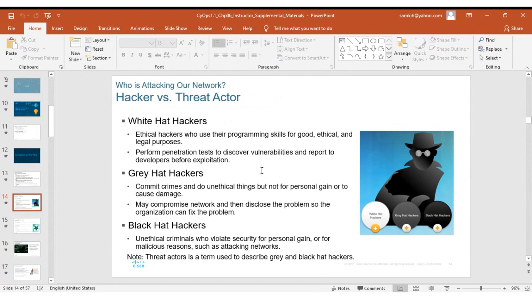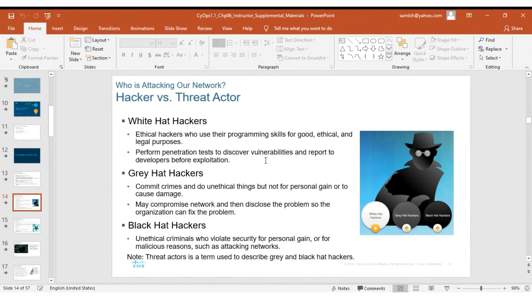And these are guys who are in what is called the dark web, for people who know what the dark web is. They do it for personal gain. Somebody wants money from you, or wants to bring your whole network down. Sometimes it can be a competitor who would like to bring the whole network down so that you do not compete with them.